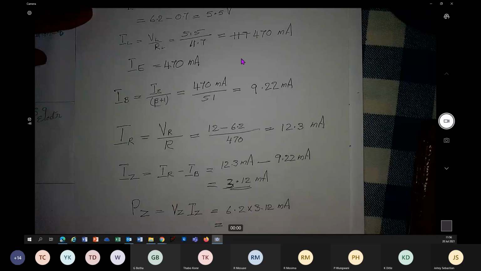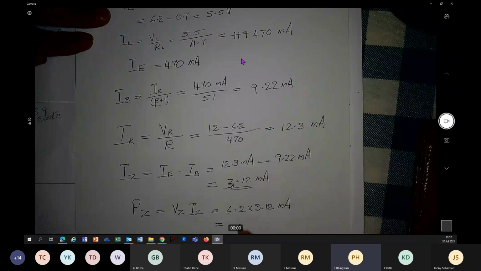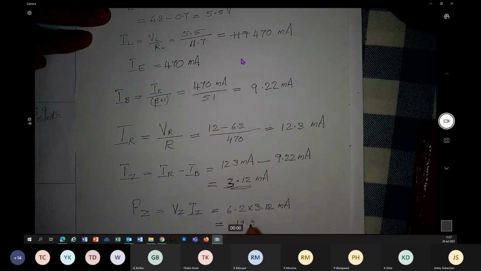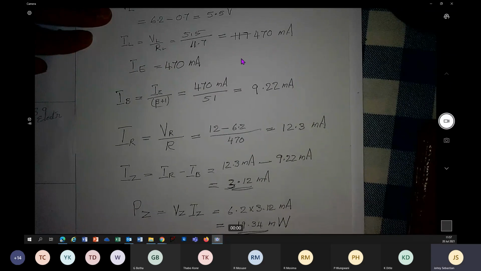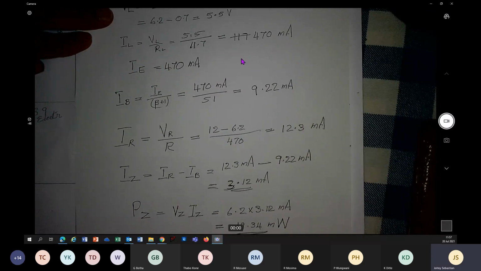How much? 19.34 milliwatts. Somebody please confirm. Yes, sir. So power consumed in the Zener is 19.34 milliwatts. This is the amount of power consumed, wasted by the Zener diode.